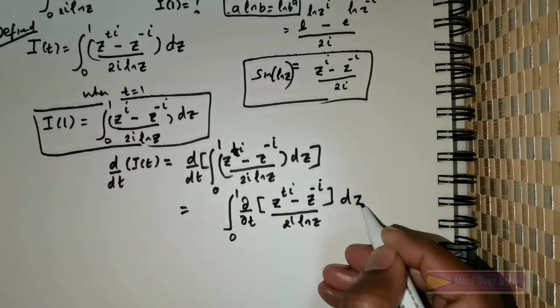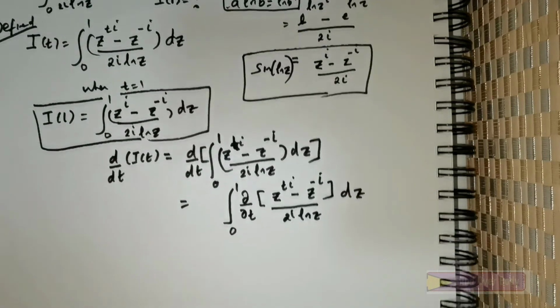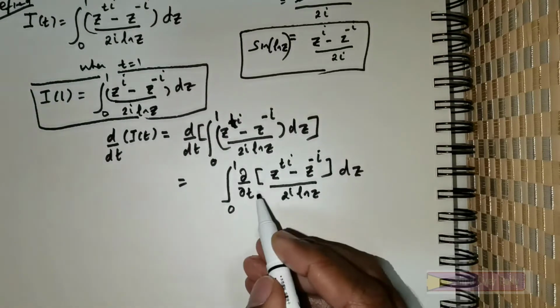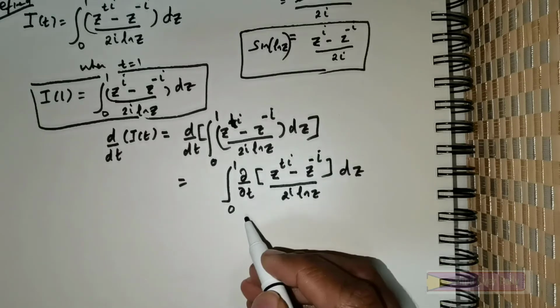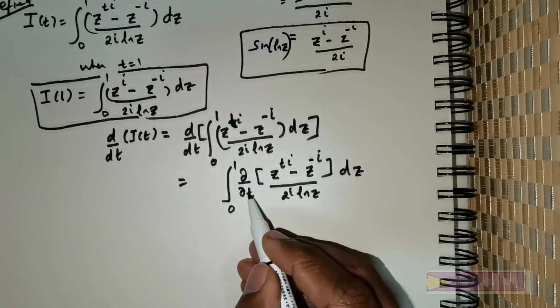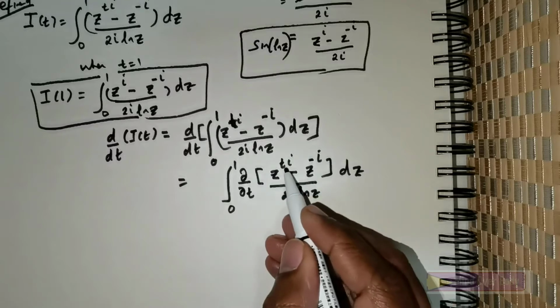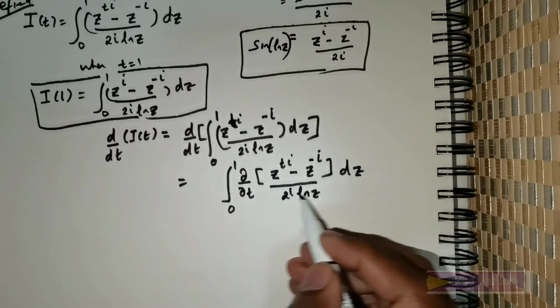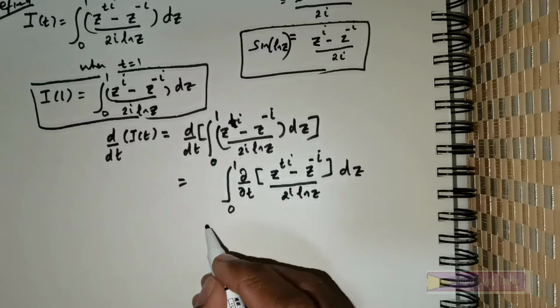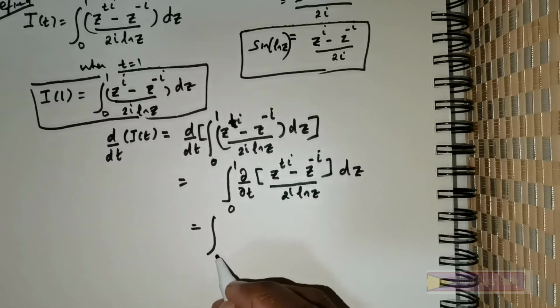times dz. Now I am going to apply the partial differentiation. Clearly this is t and this is t, but the other term is basically treated as a constant because of the partial differential nature. So this is rewritten as the integral from 0 to 1.